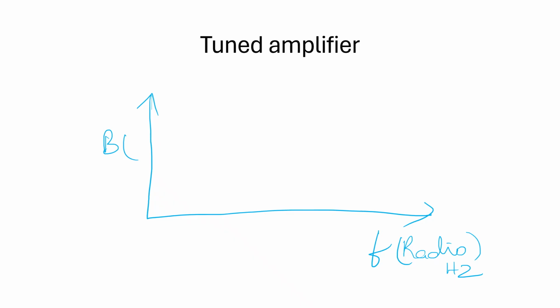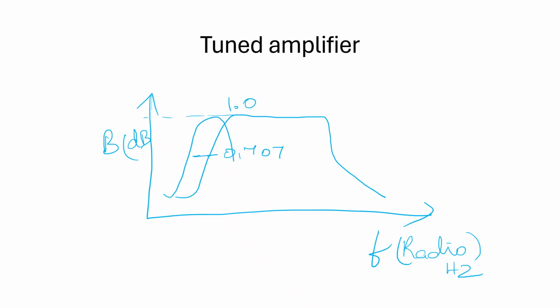So this is bandwidth in decibels. We'll be getting a frequency response like this with unity gain, and at 0.707 we'll be getting a curve like this, and also this would have been formed from the lower one.